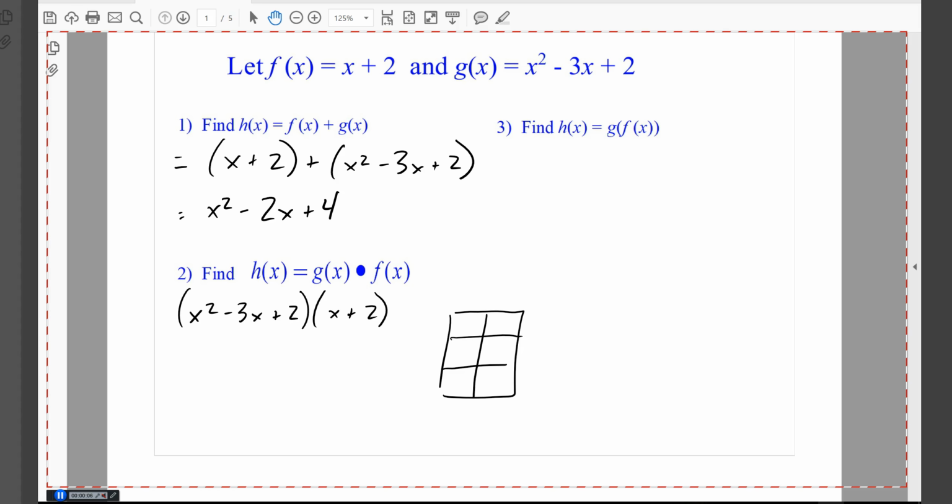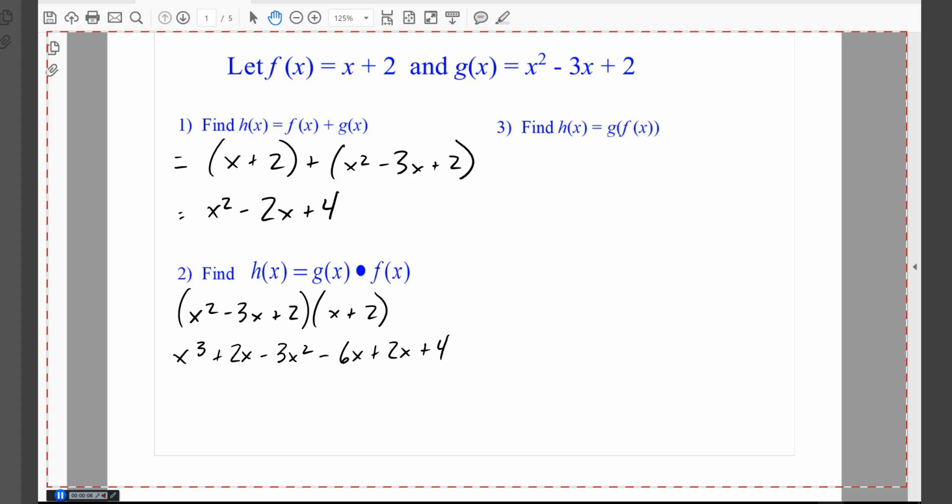I'm going to avoid that right now and just multiply it out. So x squared times x is x cubed, x squared times 2 is 2x squared. Then I'm going to get minus 3x squared, and then minus 6x plus 2x, and then plus 4.